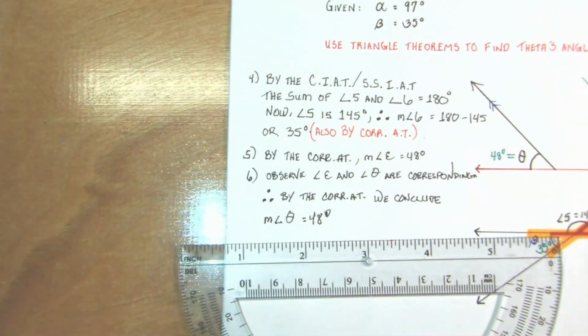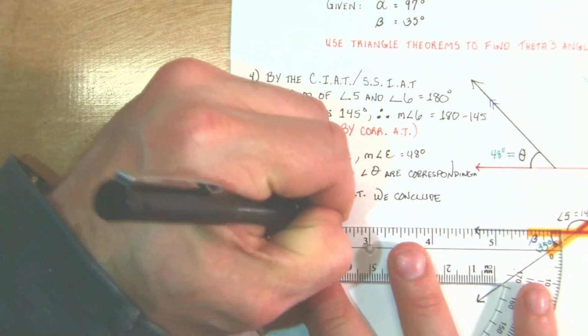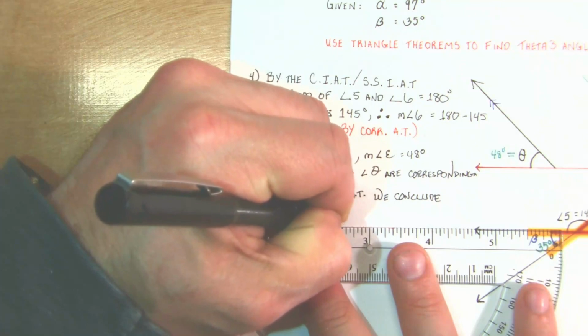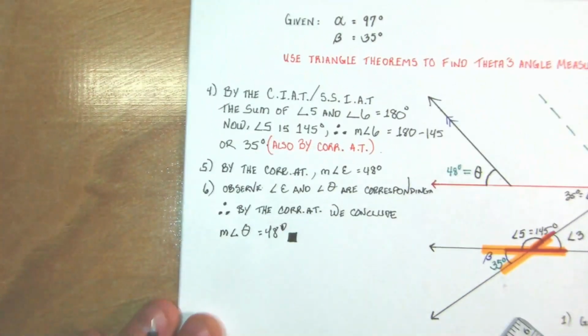And then we're done, right? So we're going to put this black box. It's a black square, okay? It means end of proof. Because you proved it, right? You used theorems to prove it. You're done.